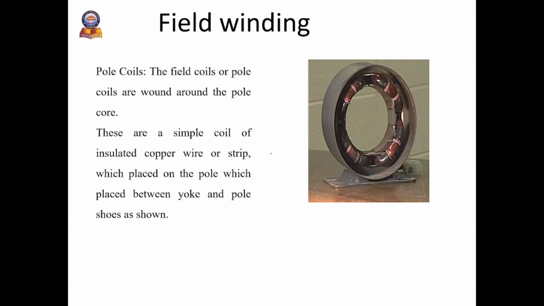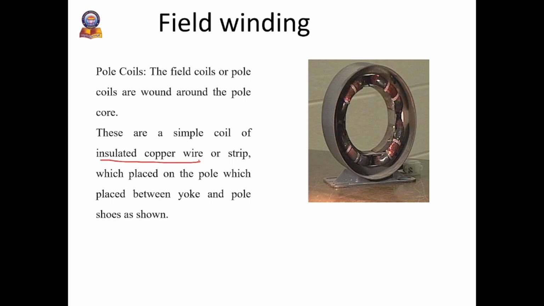So as it is exciting the pole as an electromagnet, this winding is called the field winding as well as the exciting winding. Generally it is made up of copper wire because it has to carry the current, so it should be made up of a conducting material.